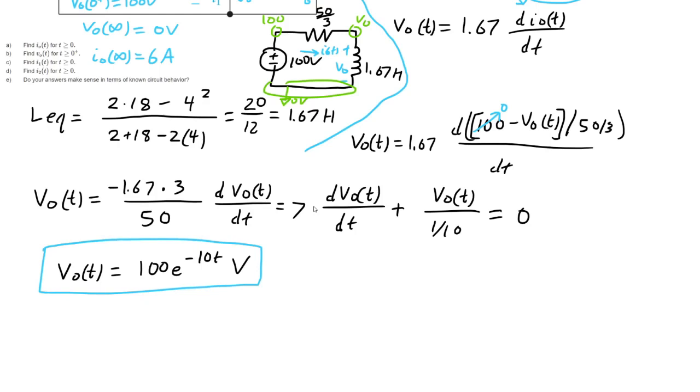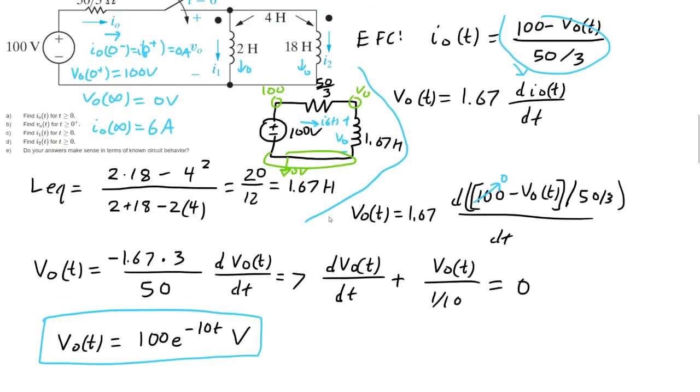All right, so now we can get IoT the same way we did before. We're going to plug VOT into our original expression. So IoT is going to be 100 minus 100 e to the minus 10t divided by 50 over 3.